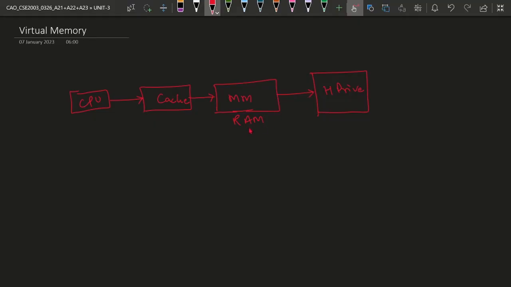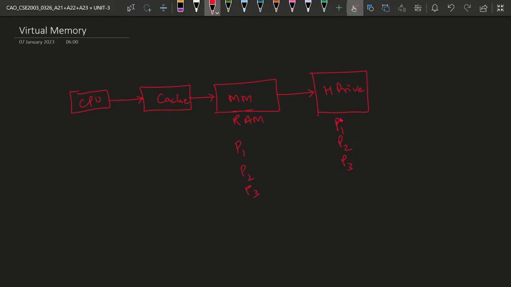Suppose there are three different processes P1, P2 and P3. A process means an application that is going to be run on the computer. These processes will initially be stored in the hard drive and will be fetched and stored into the RAM because they are going to be executed.